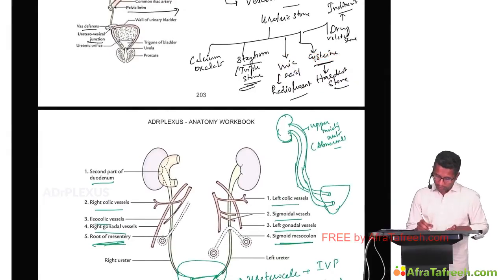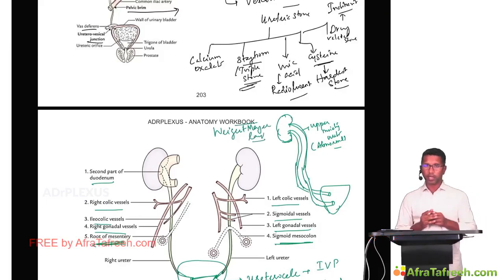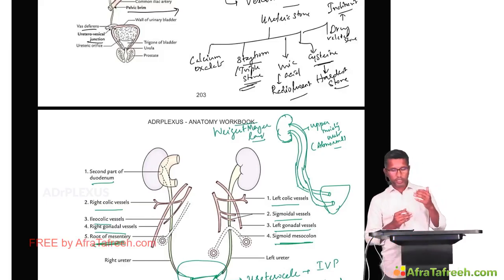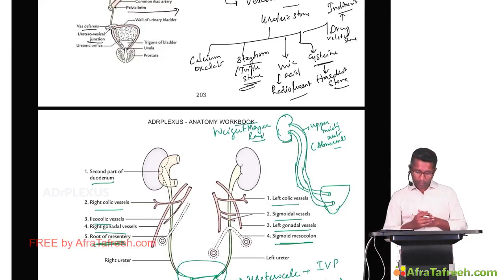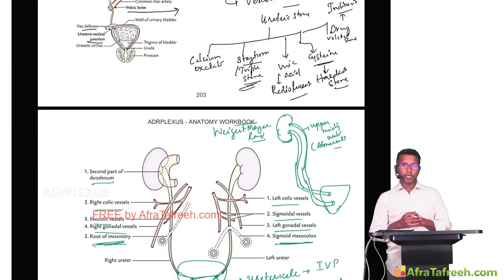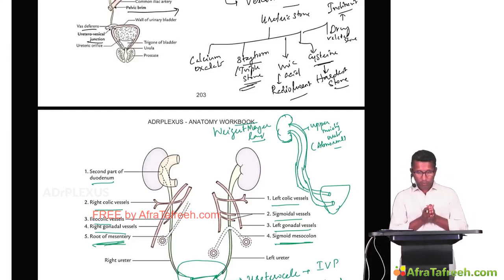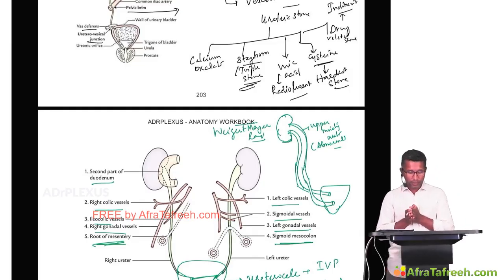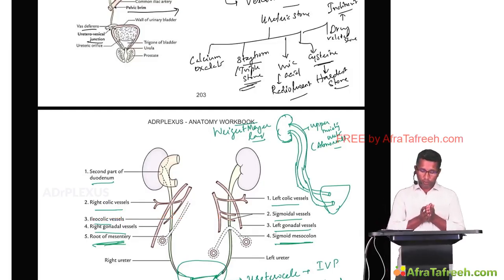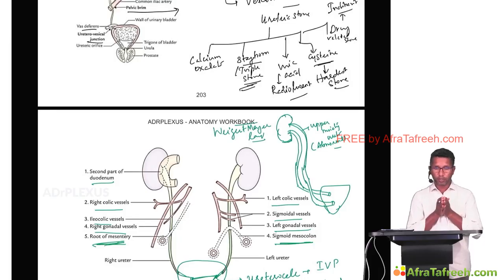So this is governed by a law called the Weigert-Meyer law. So what does the Weigert-Meyer law say? When there is a duplicated ureter, the upper moiety ureter will open more inferiorly and medially, whereas the lower moiety ureter will open in the normal position, slightly upper and lateral.